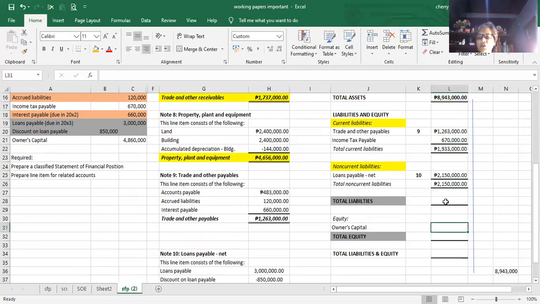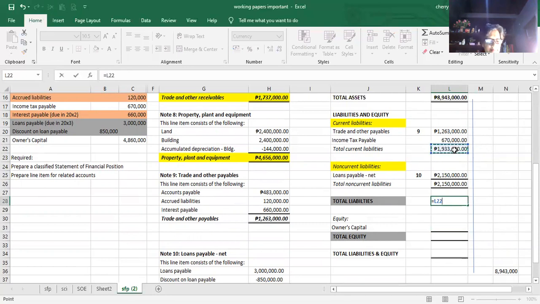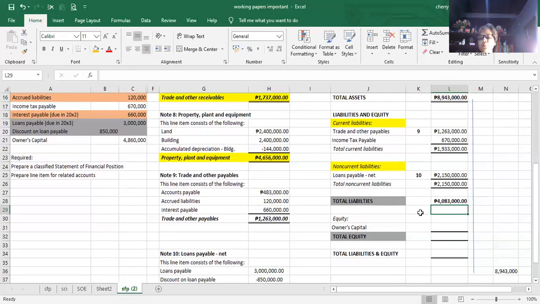How do you do that? So equals this one, which is 1.9 something, and then shift plus, and then this one, L26, then enter. Remember that the cursor should be on the total liabilities.